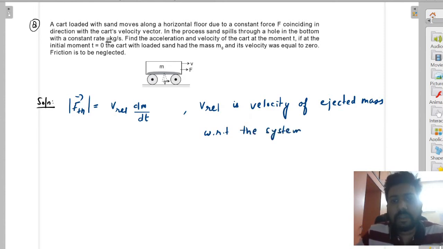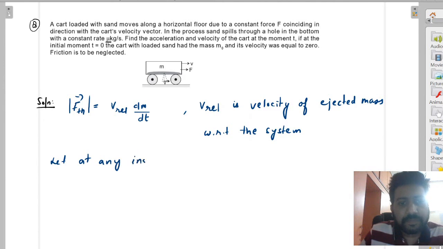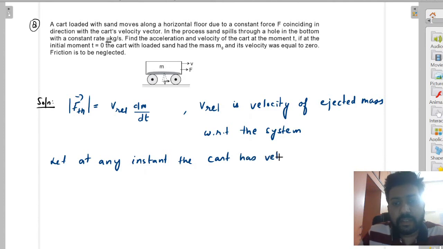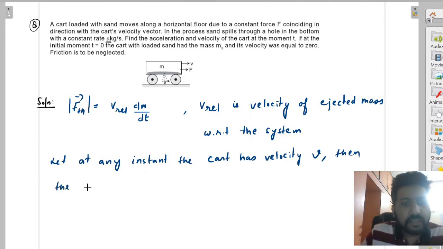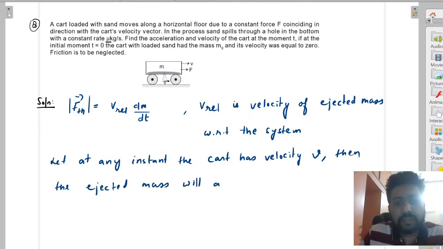Now here, let at any instant the cart have velocity v, then the ejected mass will also have velocity v. Why?